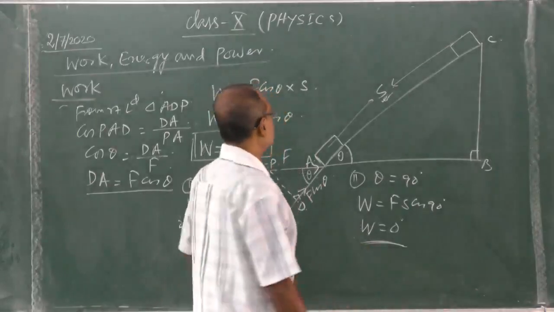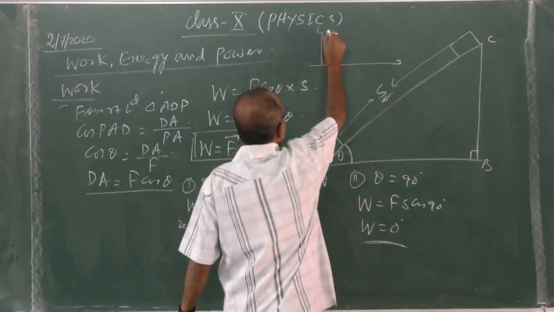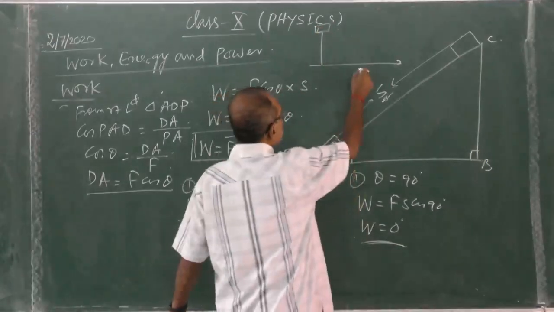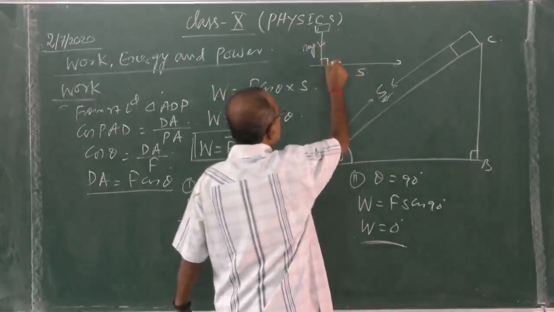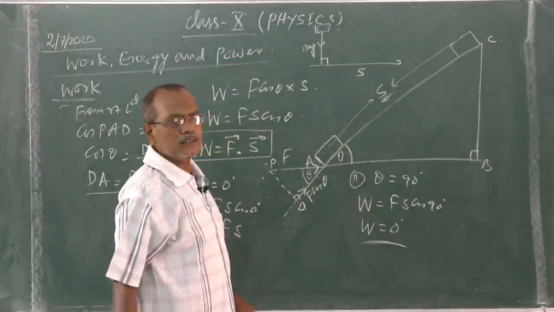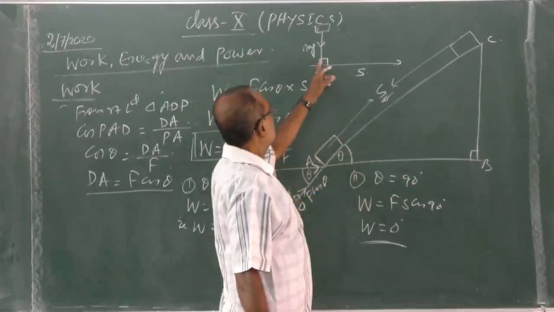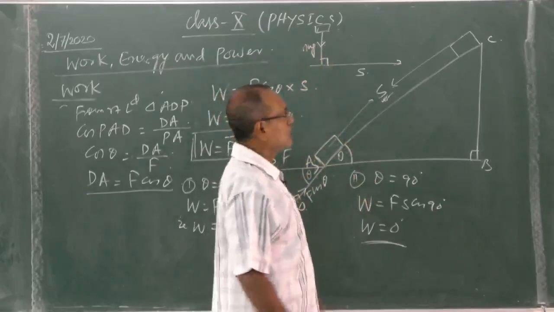Coolie is moving in this way. This is the coolie, he is holding the weight. So the displacement is in this direction and the weight of the body makes an angle of 90 degree. So angle theta is 90 degree, therefore work done is 0.